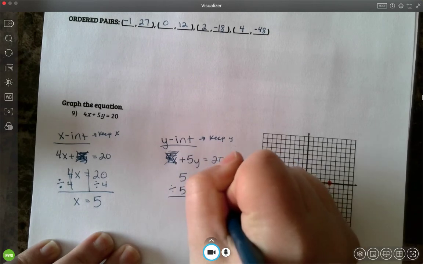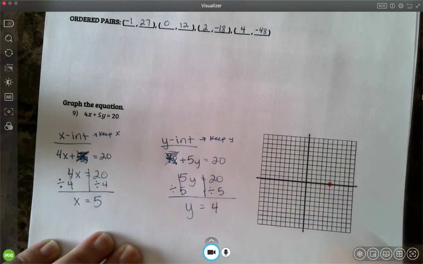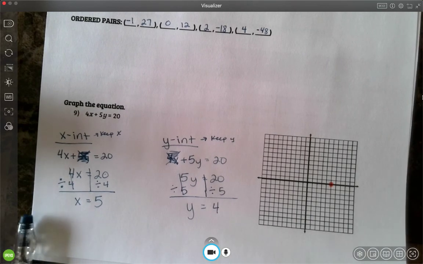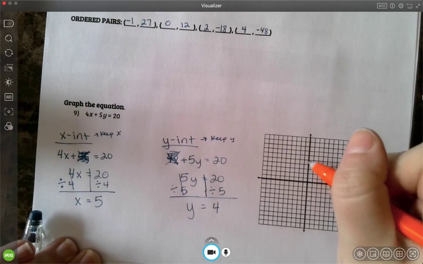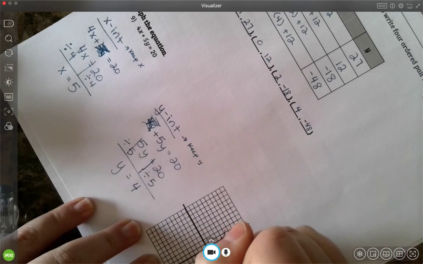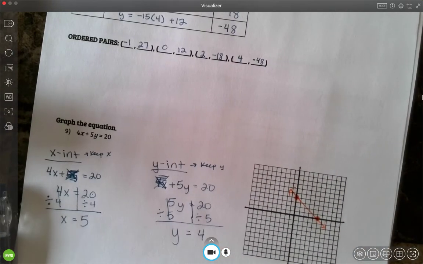I'm left with y equals 20 divided by 5 is 4. Since that's positive, that means I go up 1, 2, 3, 4. And then I'm just going to connect my dots, and that is my answer.